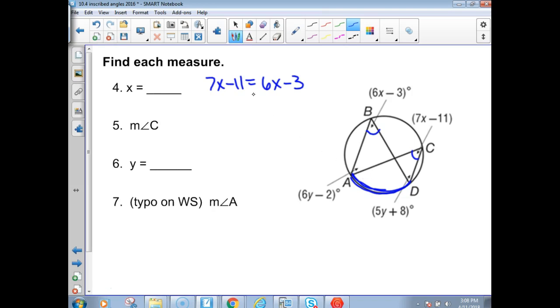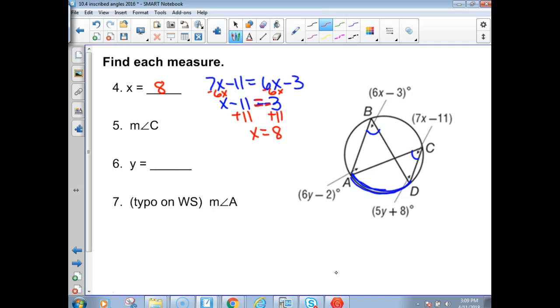All right, now I solve by subtracting 6x. I get x minus 11 equals negative 3. Careful to bring that negative with the 3. And then I would add 11. So I subtracted 6x. And now I'm adding 11. I get x is 8. Negative 3 plus 11.